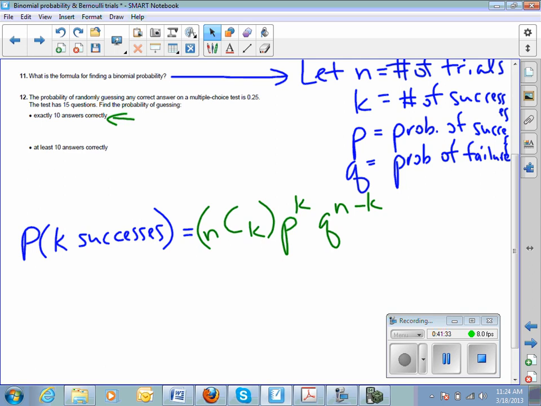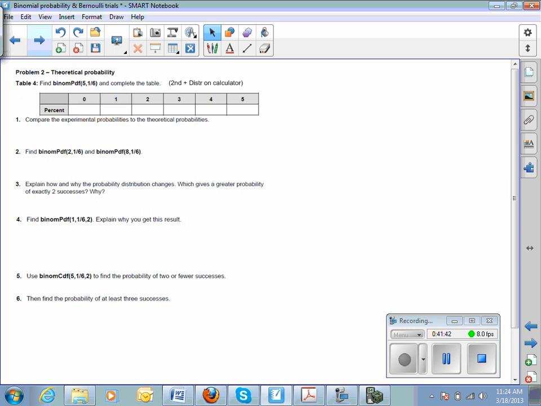So it turns out there is a better way, and the calculator provides that for us. So let's go back to, I'm going to the next page, but you're actually looking at the previous page. Your calculator has a couple of really nice features for doing binomial probabilities. It will actually do the calculation that we just did, the formula that we just developed.